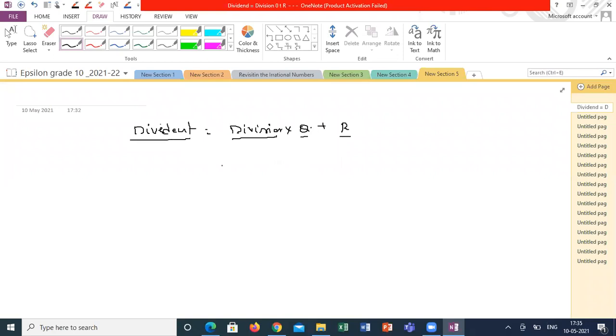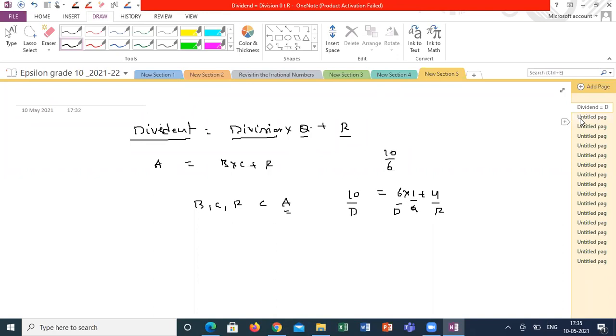Suppose I am telling A is equal to B into C plus R, then B, C, R are always less than A, in case of numbers. If I am taking 10 by 6, 10 can be written as 10 is equal to 6 into 1 plus 4, correct? This is your quotient, this is your divisor, this is your remainder, this is your dividend.